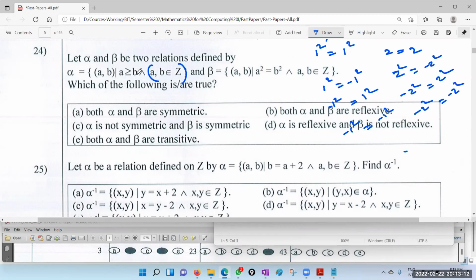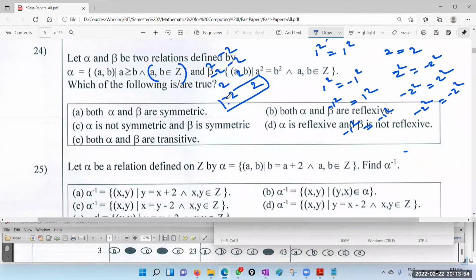That means we can't take, for example, minus 2 and 2, because minus 2 is not greater than or equal to 2. 2 and 2 is okay. Minus 2 and minus 2 is also okay, because they are equal. 2 and minus 2 is also okay, because 2 is bigger than minus 2, but you can't take minus 2 and 2, because then a is not greater. That is the only possibility you can't take.